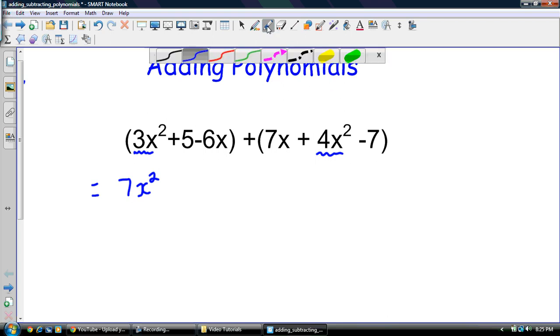Now the next thing we do is look at the next thing in line. Actually, you know what? I'll skip ahead a little bit just to keep everything in order. I'm going to skip ahead to this one. So this is my negative 6x plus 7x.